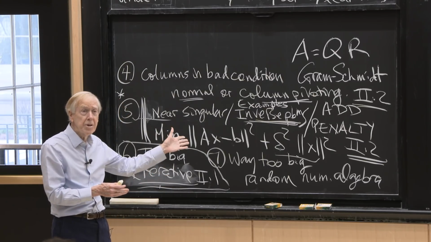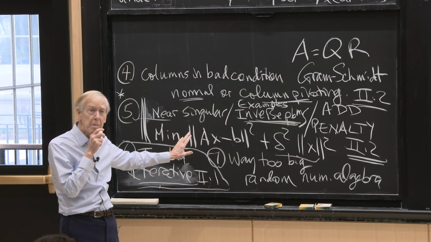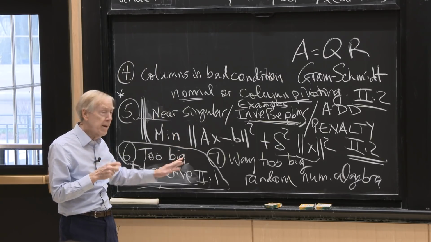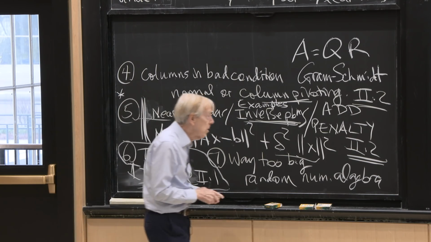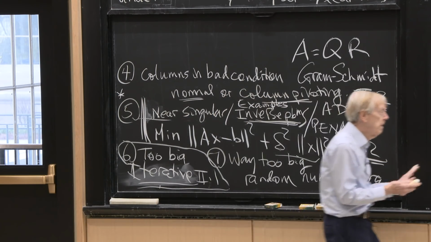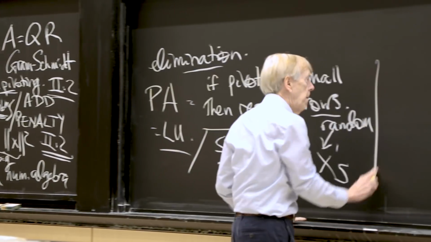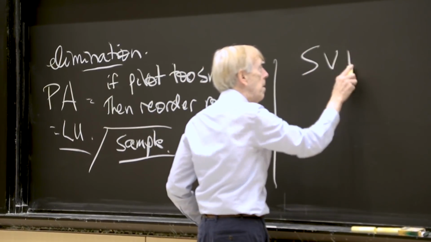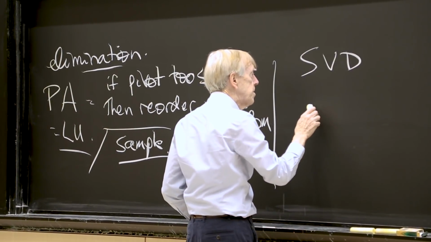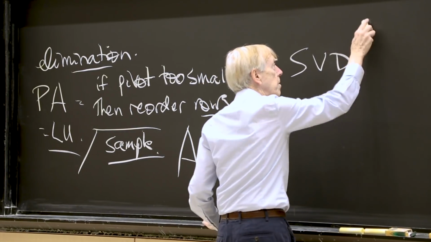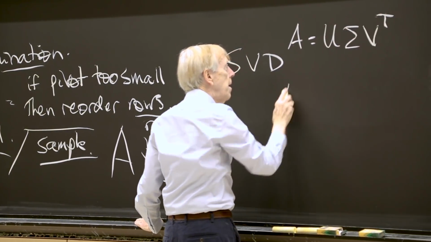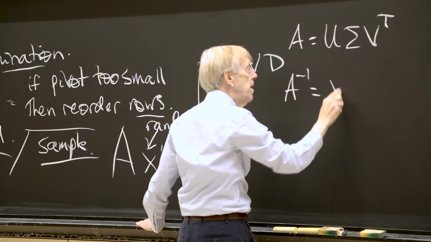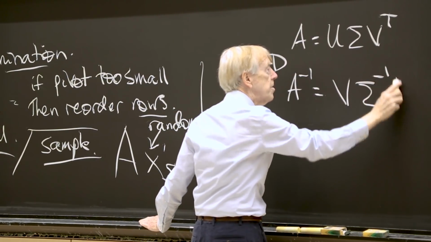I haven't even mentioned the SVD here as an algorithm, but of course it is. The SVD produces A equals U sigma V transpose, and then A inverse is V sigma inverse U transpose.